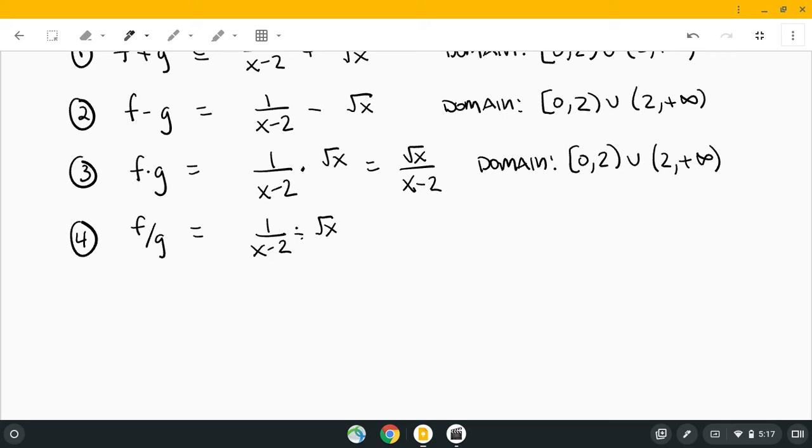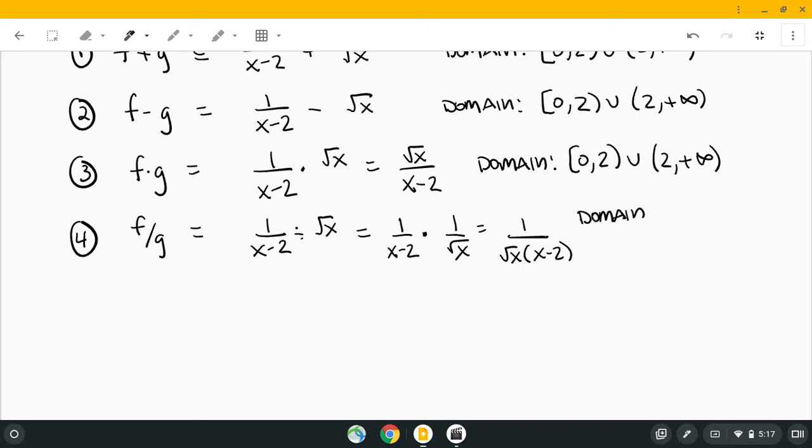And if you recall, when you have division of fractions, you do multiplication by the reciprocal, which will be 1 over square root x. And so that's just going to give me 1 over square root x. I'll put that on the outside because I can.